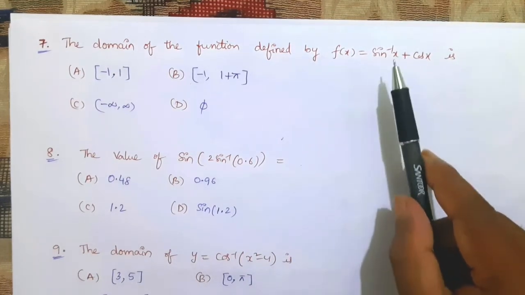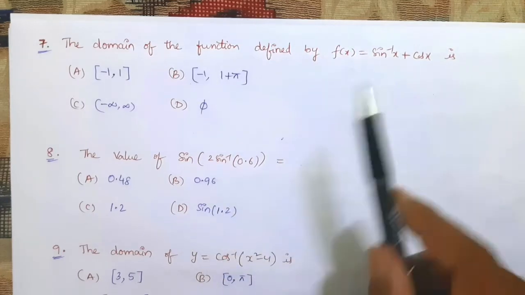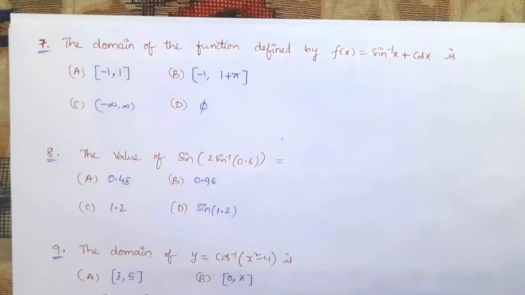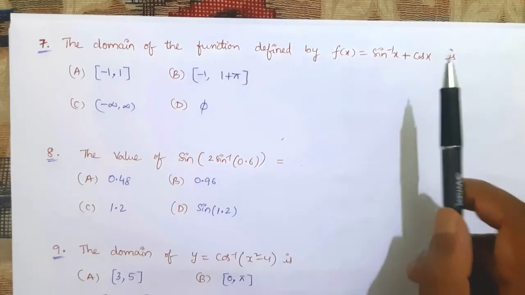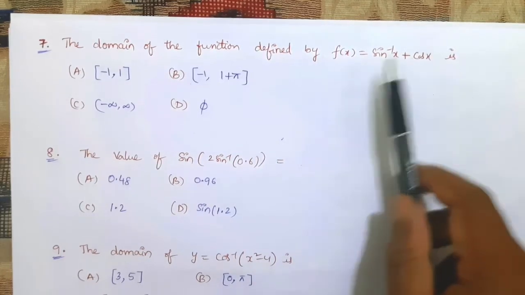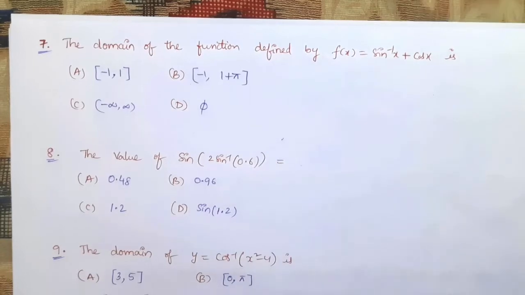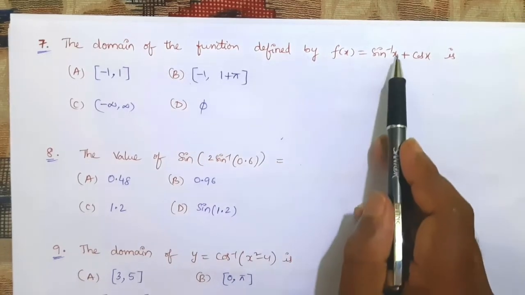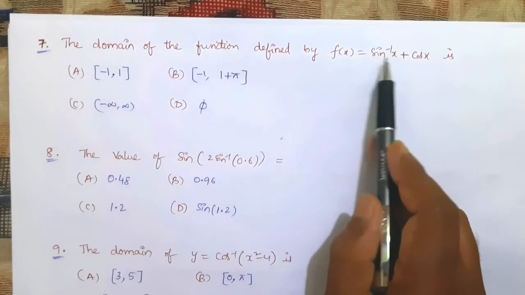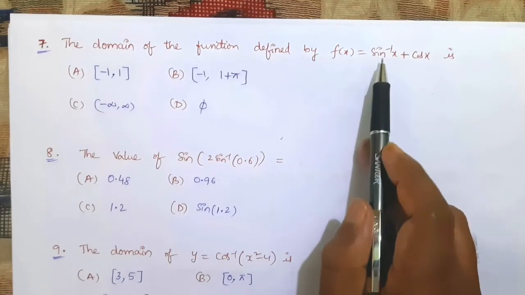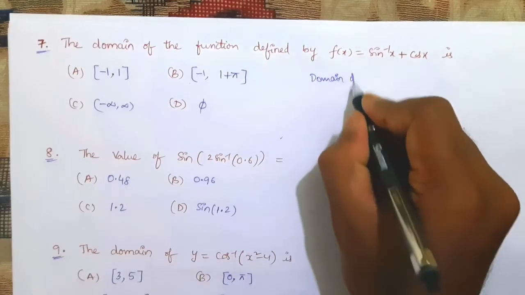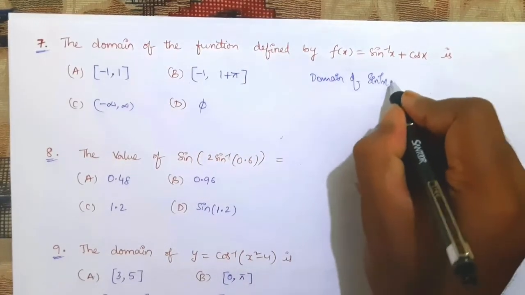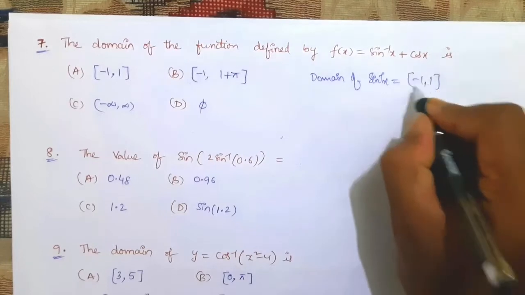See, we know that the sin inverse x function domain is minus 1 to 1, okay. But here cos x is there, not cos inverse x, sorry, this is cos x. So if it is given like this, how to find the domain? We should know the domain of sin inverse x. Remember, the domain of sin inverse x is minus 1 to 1, okay, you know that.